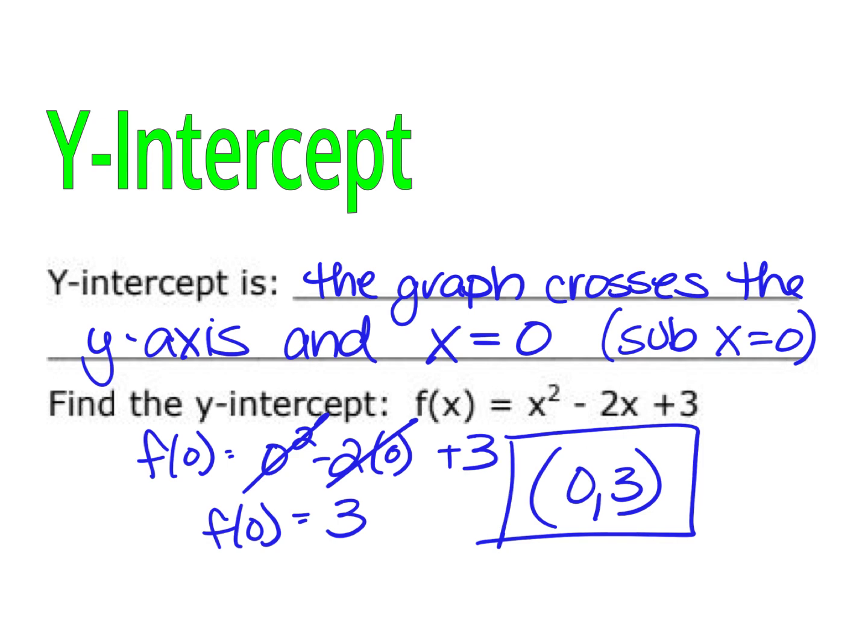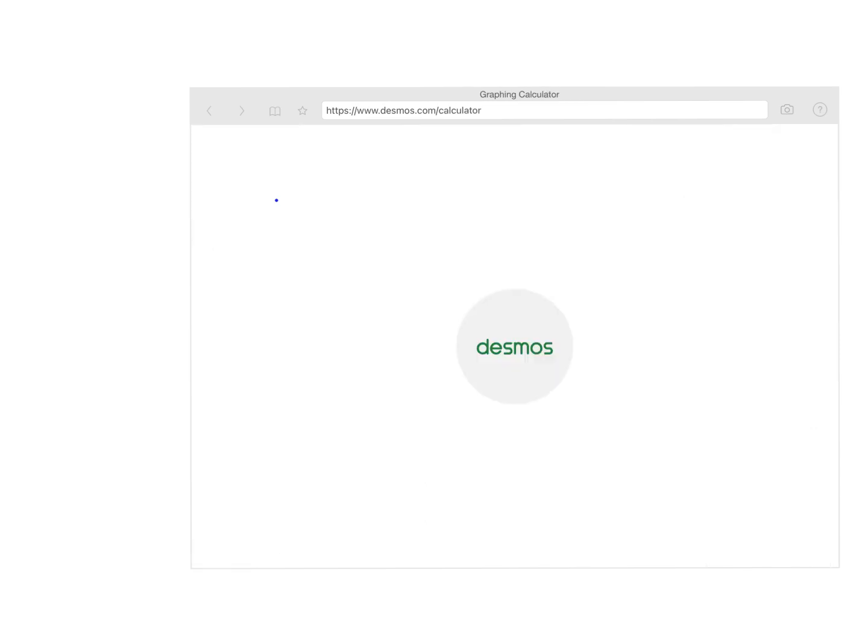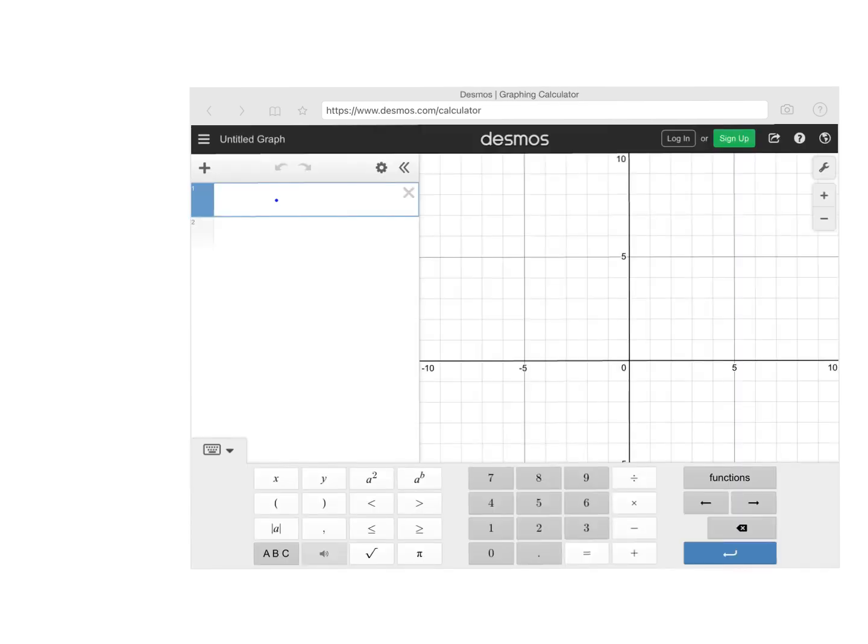Let's actually take a look at this, and we're going to graph it on Desmos, because we're going to get to use Desmos with our graphing. Exactly what we had here. I'm going to use y instead of f of x equals x squared minus 2x plus 3. We have a couple of things we can look at.